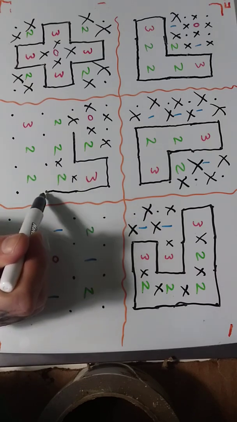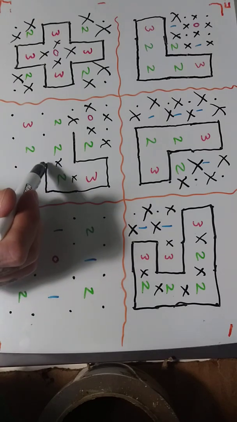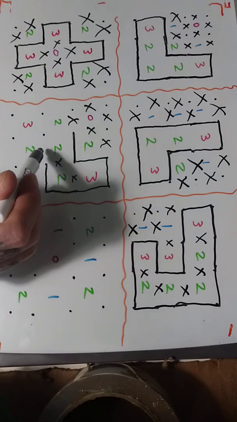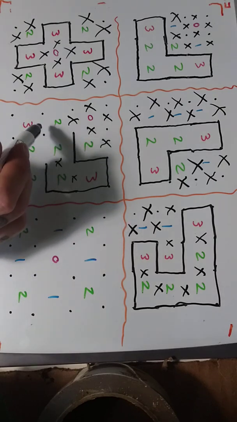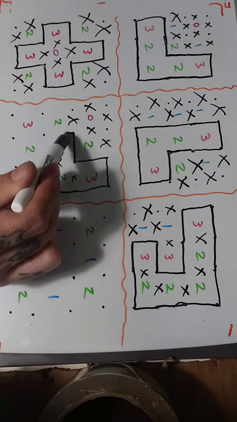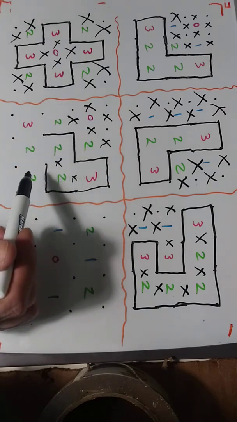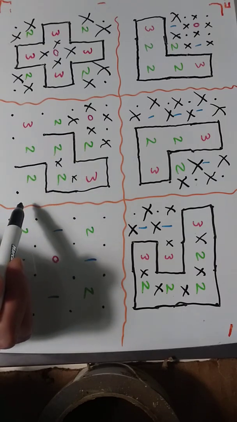That's 1 for there. We need a second one. This has 1. It has 1. We need a second one for this. We need 2 here, 3. So we're going to have to go down here. There's the 2. We're going to have to go down here.